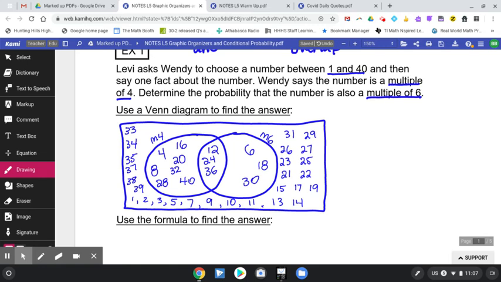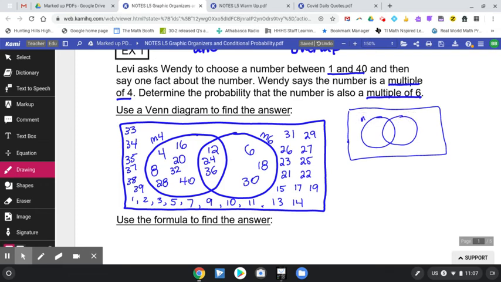I think I'm going to do a little bit of a summary of that Venn diagram as well. So we'll still make this left one multiples of 4 and the right one multiples of 6. And I'm going to count up the elements in each section. So in the middle section, 1, 2, 3 in the middle section.